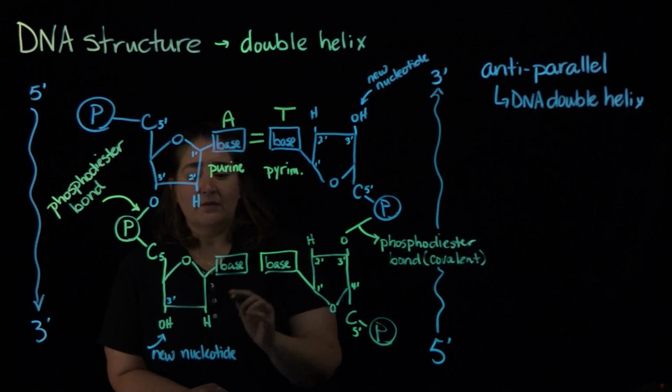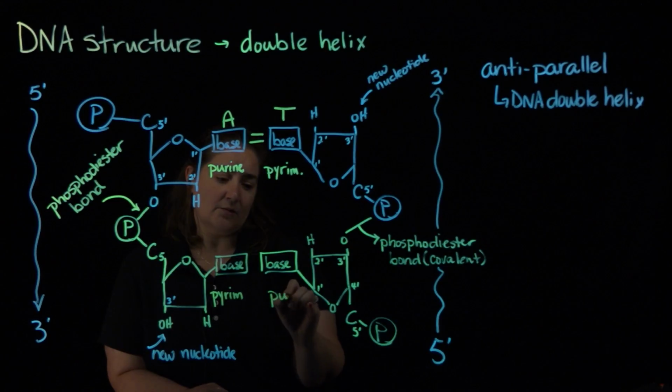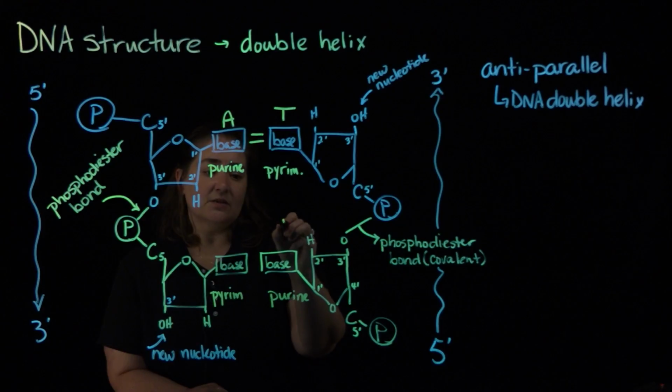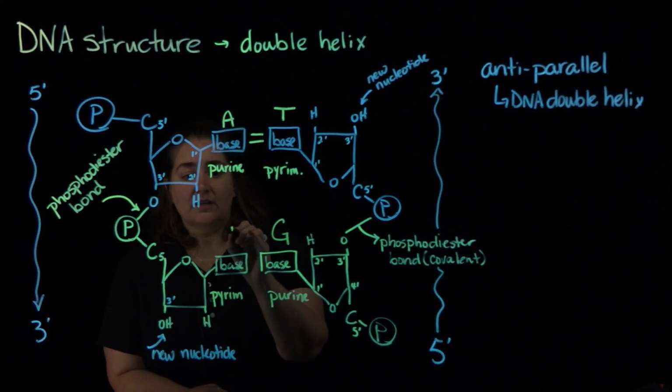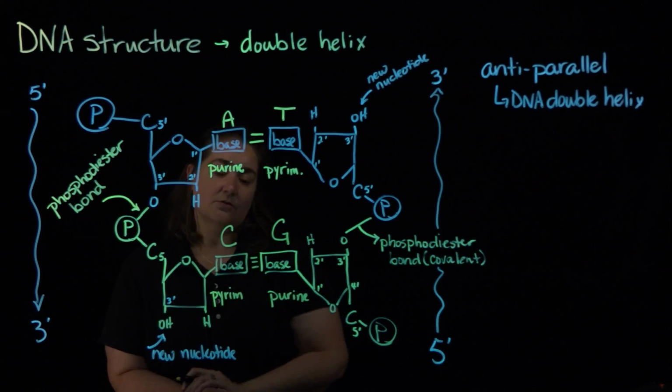It might be on this side, we might have our pyrimidine over here and our purine over here. In this case, our purine would be guanine, our pyrimidine would be cytosine. We'd have 3 hydrogen bonds holding that together.